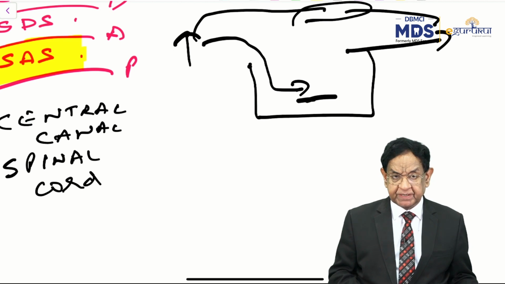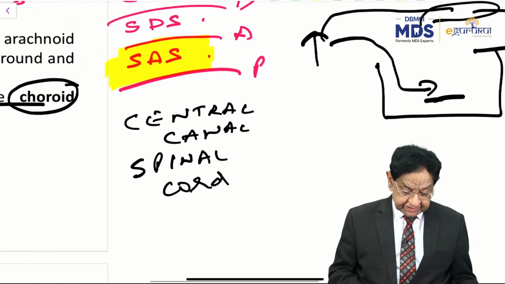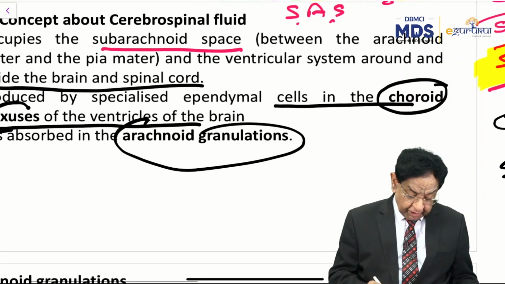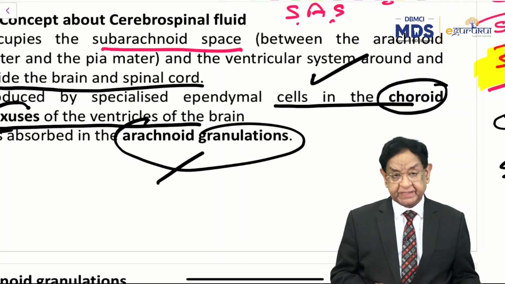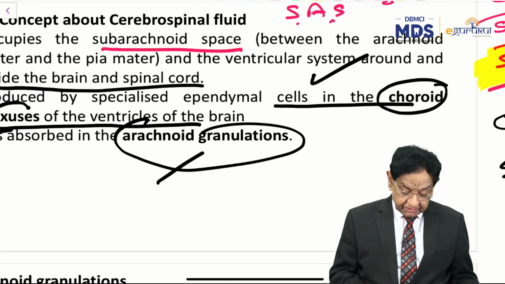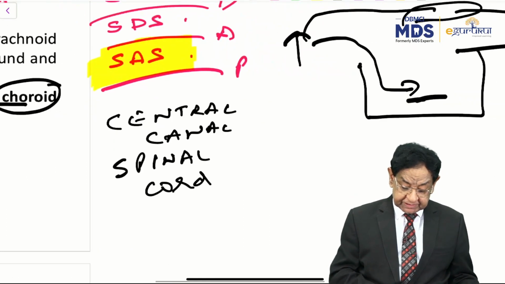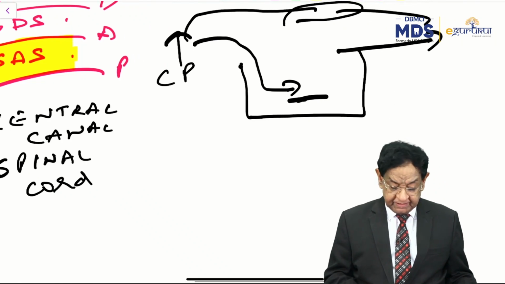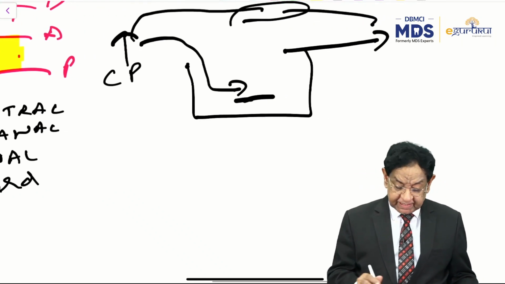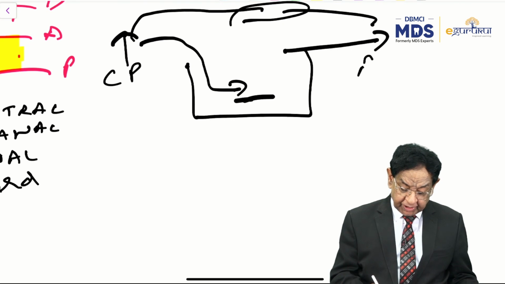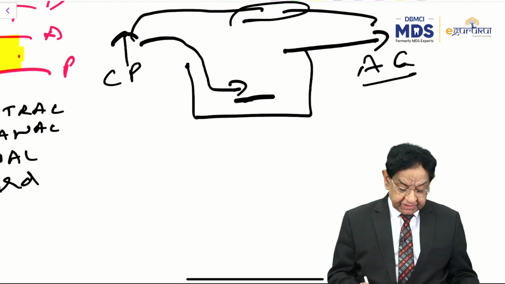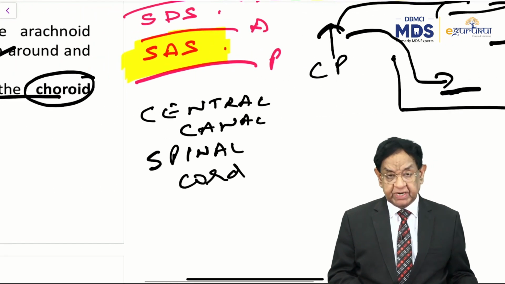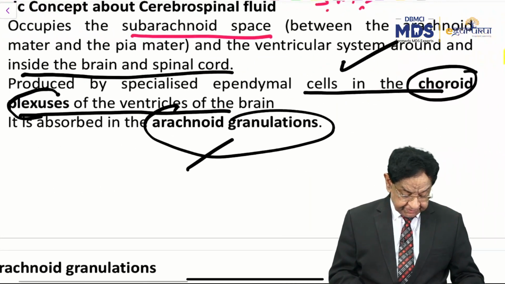Exactly the same thing happens with CSF in the body, but it is being produced by the choroid plexus and getting reabsorbed by the arachnoid granulation. You can say this is the choroid plexus where the water is getting put into the system and getting reabsorbed by the arachnoid granulation. AG is arachnoid granulation. I think this is the best example I can give to you.